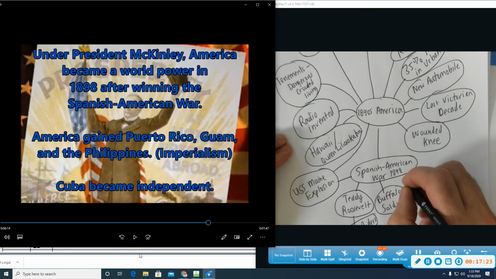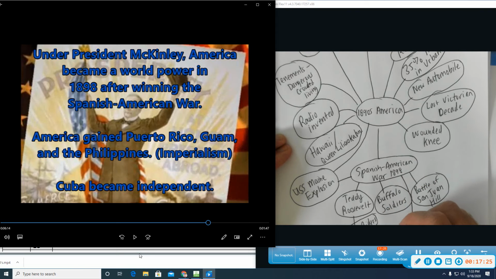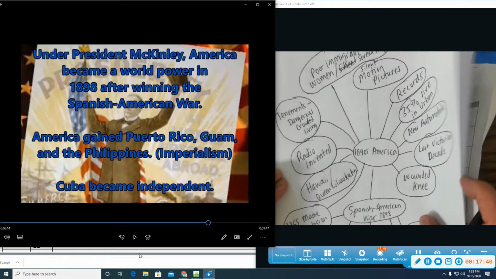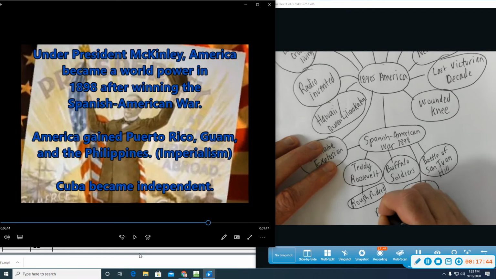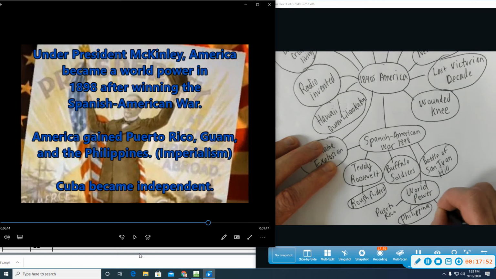So the Spanish-American War, America became a what? A world power. We're on the world stage now. We're going to learn how that plays out. We're going to be a world power. And what's our territories? Puerto Rico, the Philippines, and Guam.